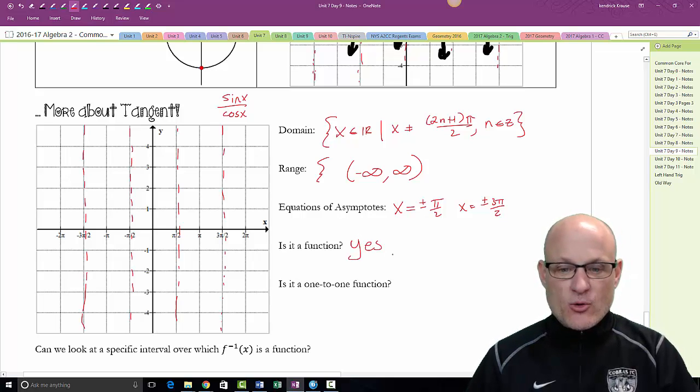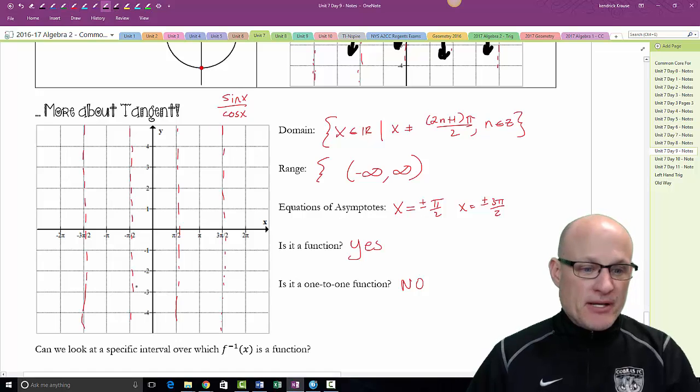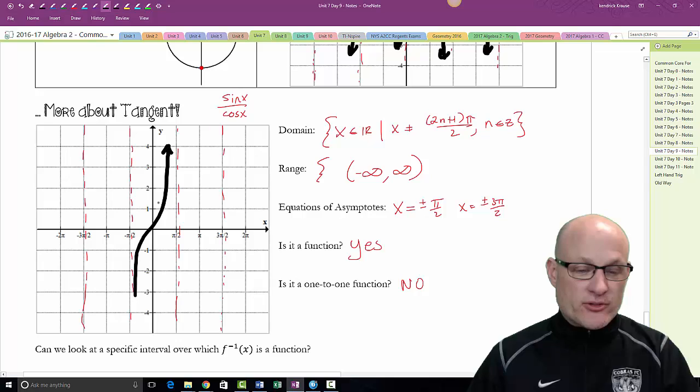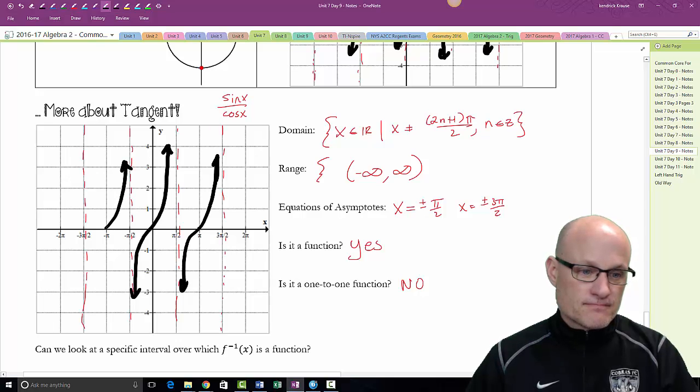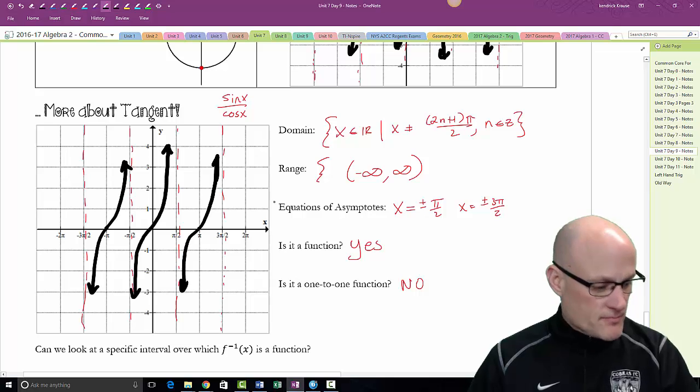It passes the vertical line test. Is it a one-to-one function? Clearly no, unless I just restrict it to from negative pi over 2 to pi over 2. Is it a one-to-one function?